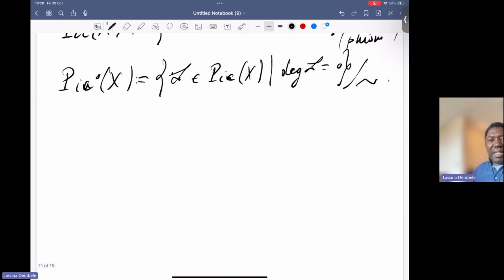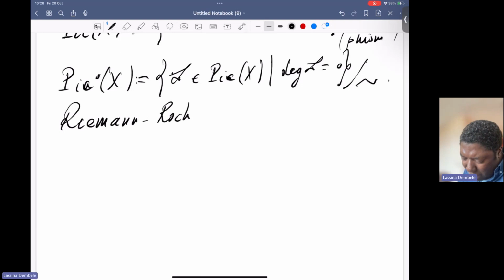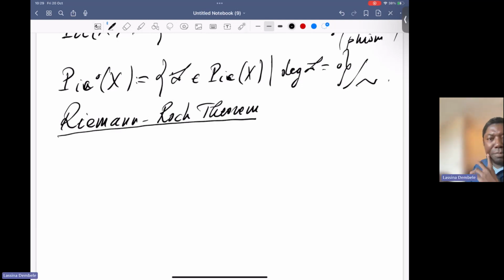So another fact that we are going to need about line bundles is the Riemann-Roch theorem. The Riemann-Roch theorem relates the degree of a divisor to the Euler characteristic.